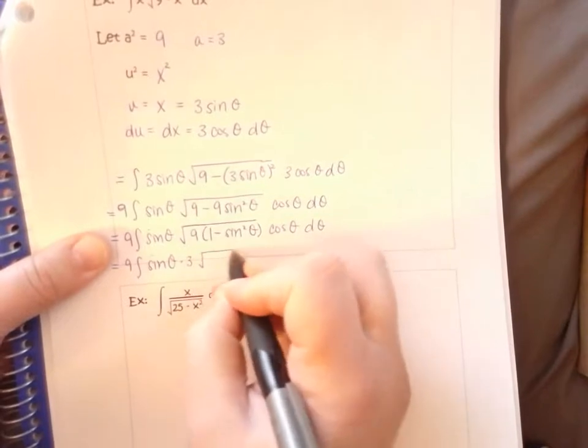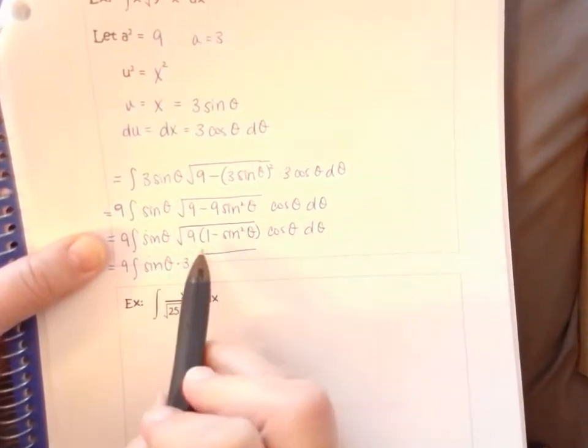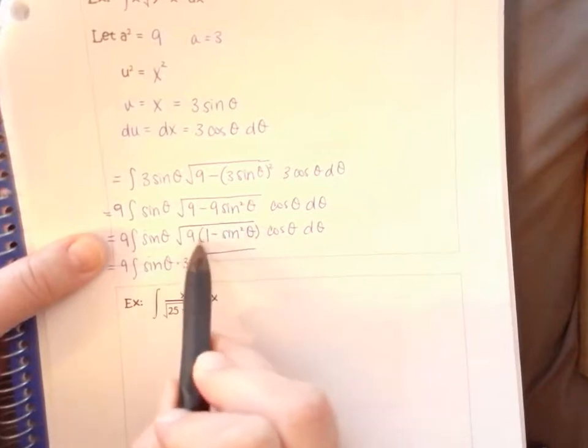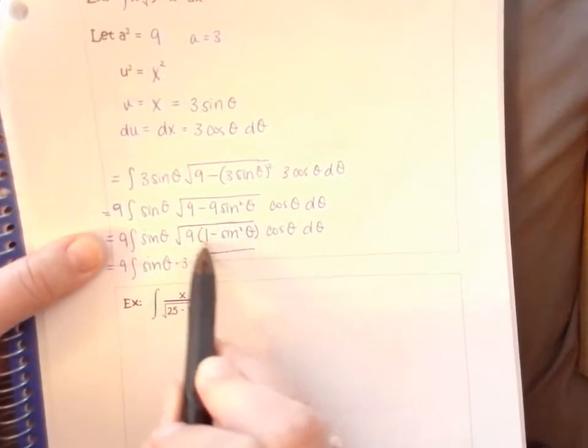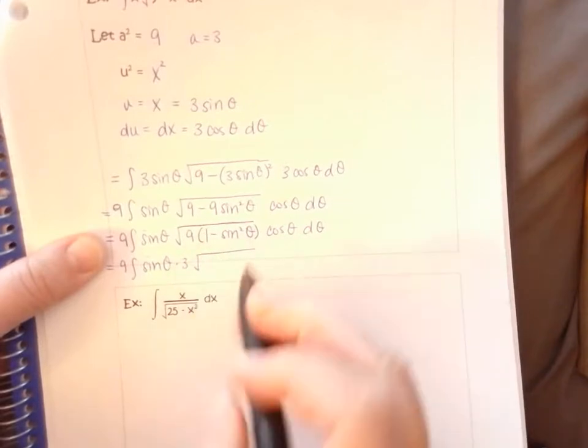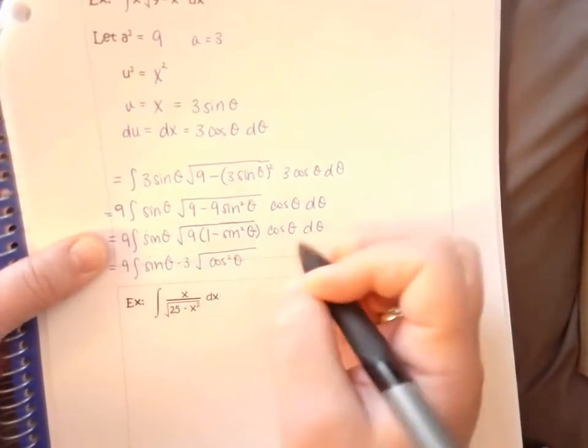And I'm going to leave the square root over this portion, but in an effort to save some time and space, I know that 1 minus sine squared is part of the Pythagorean identity that we've been working with throughout this chapter. So I'm going to replace that with cosine squared.